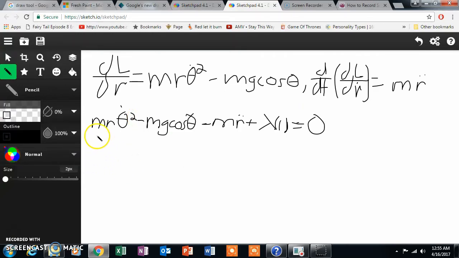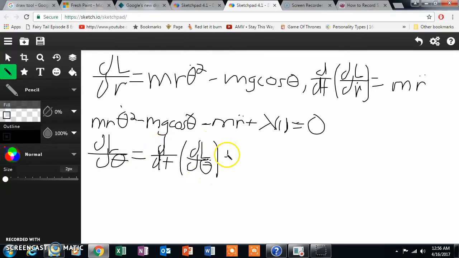Now we need to do the same process that we just did with r, but now take the derivatives with respect to theta. So, del L del theta is equal to d dt of del L del theta dot plus del F del theta times lambda.